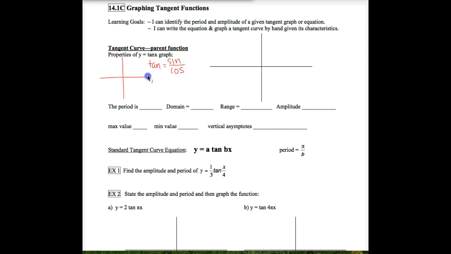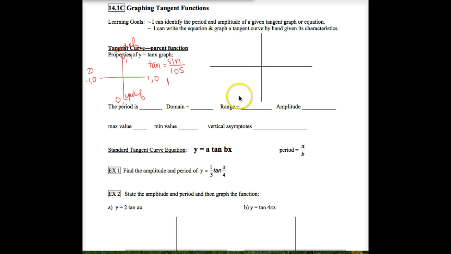So if we look at our quadrantals, which have these coordinates here, sine divided by cosine is y divided by x. So 0 divided by 1 is 0. 1 divided by 0 is undefined. 0 divided by -1 is 0. And -1 divided by 0 is also undefined.